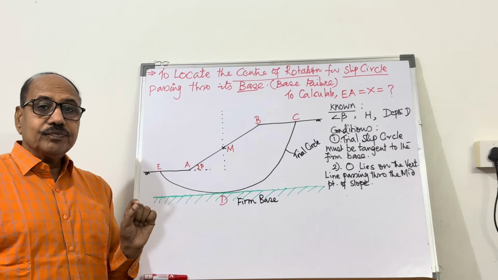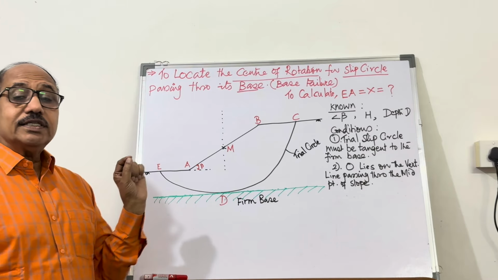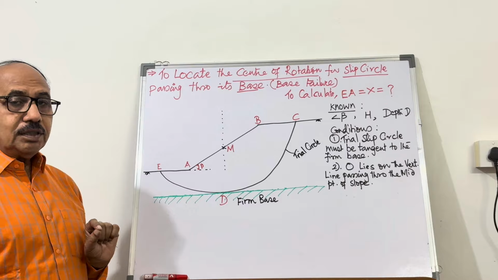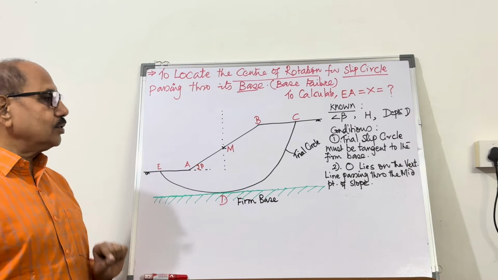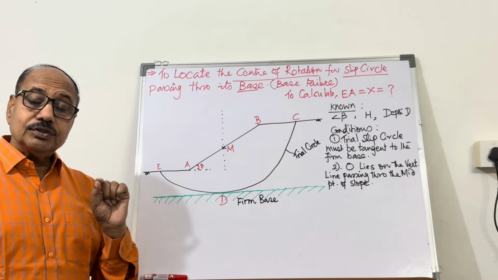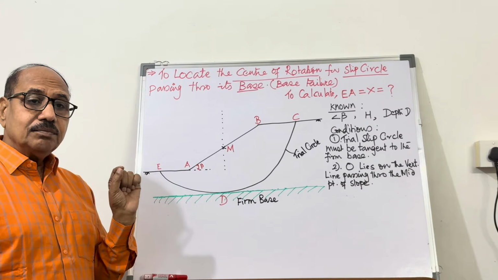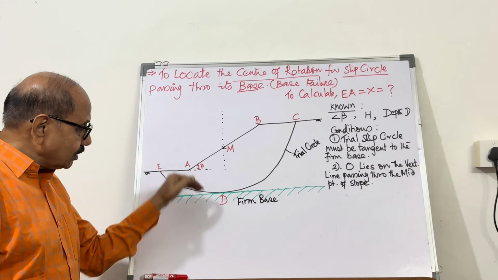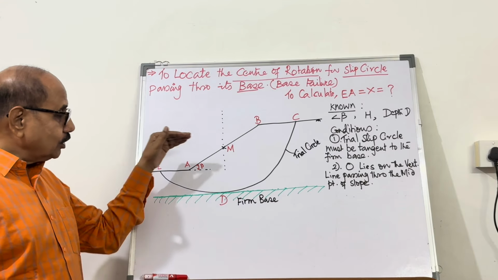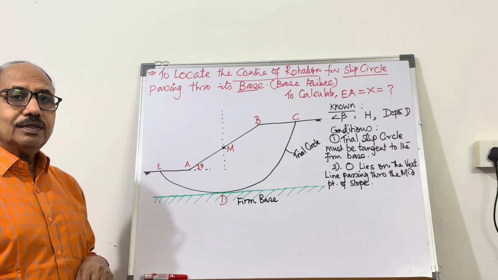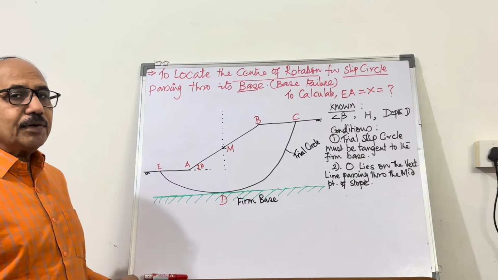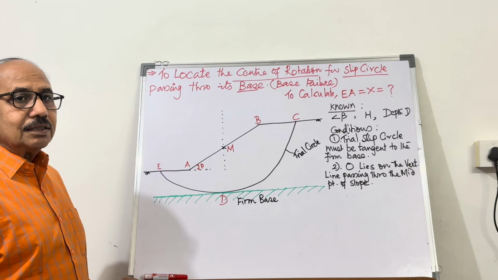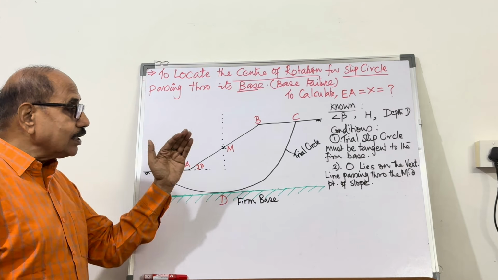But the same principle doesn't hold good if it is going to be a base failure. And you know that base failure do take place if there is a softer ground below the slope, and the slope is quite gentle.